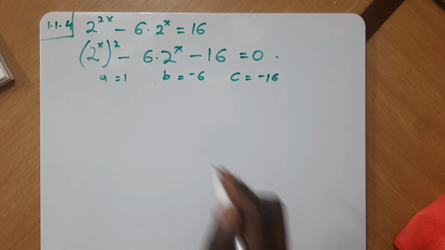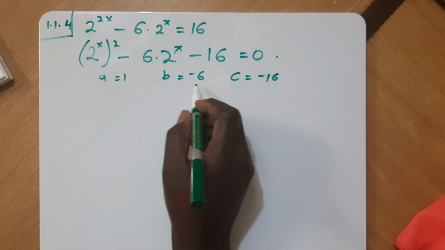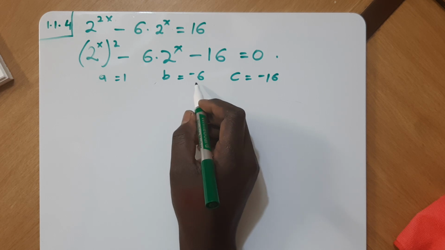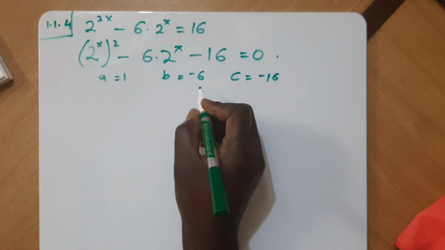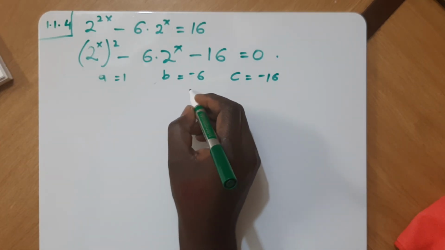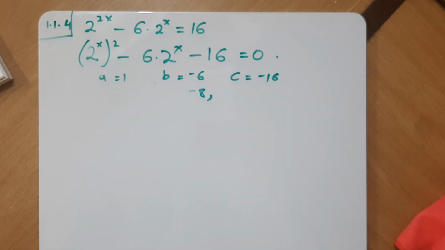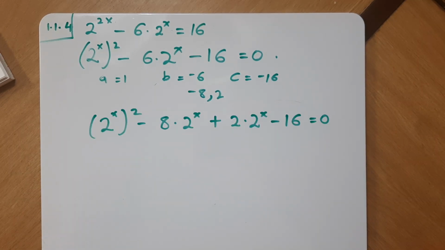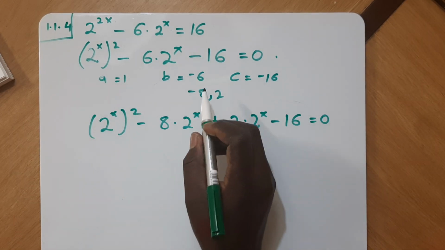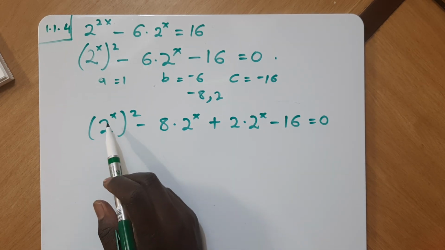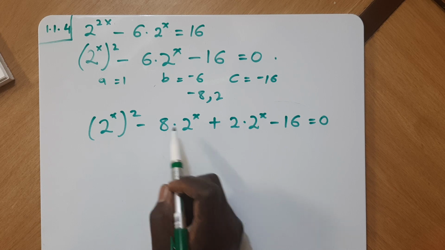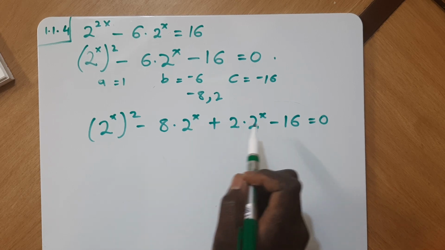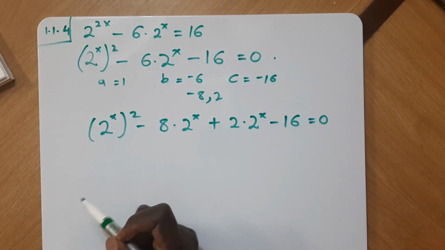So what two values do we have whose sum is minus 6 and product is minus 16? I think, yes, we have minus 8 and 2. So our 2 to the power x squared minus 8 times 2 to the power x plus 2 times 2 to the power x minus 16.